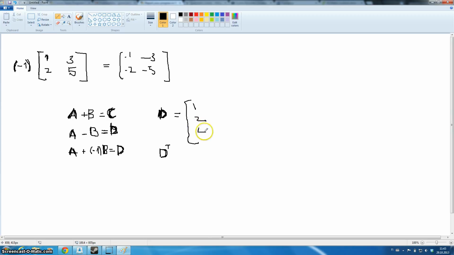Like 4, and then there is 5, 3, minus 1, and 11, then 9, and then there is 15, 12, and let's say this is 8. Okay, there we have a matrix.